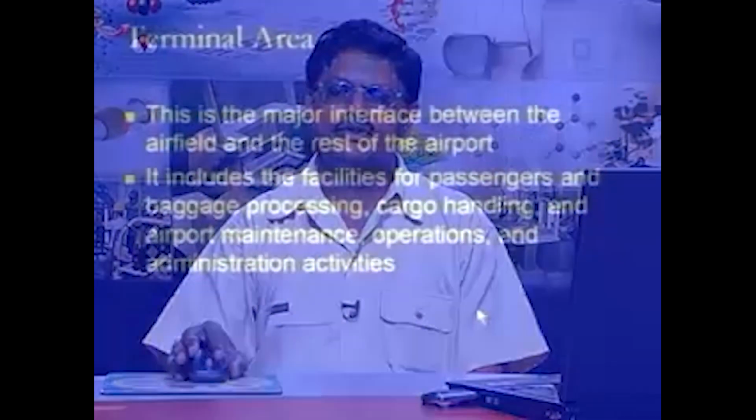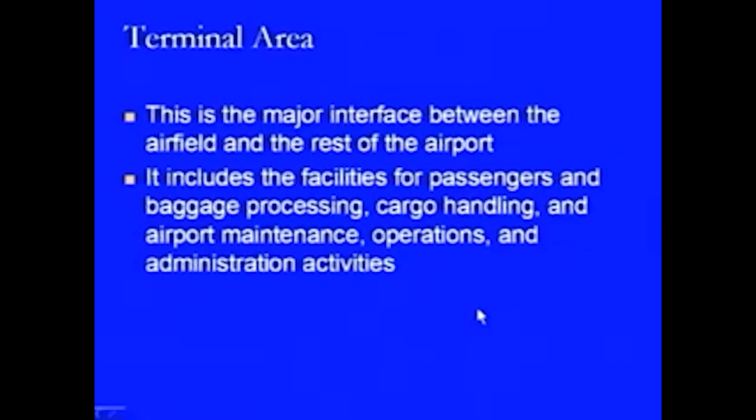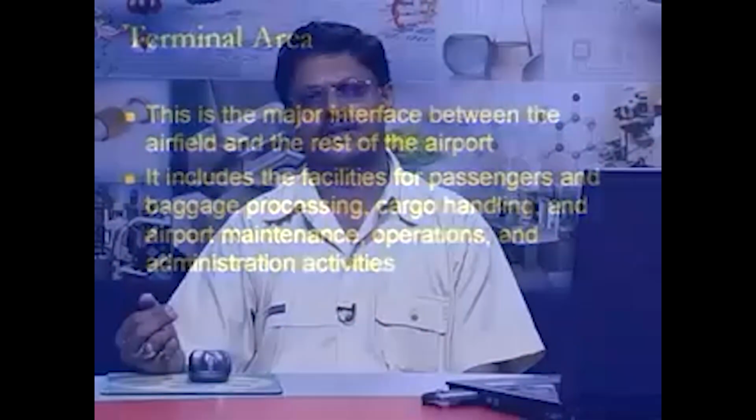So, that is why this is an interface between two of the systems, and it includes the facilities for passengers and baggage processing, cargo handling, airport maintenance, operations, and administration activities. So, a number of activities need to be provided within this area, and that is where the overall control comes in.